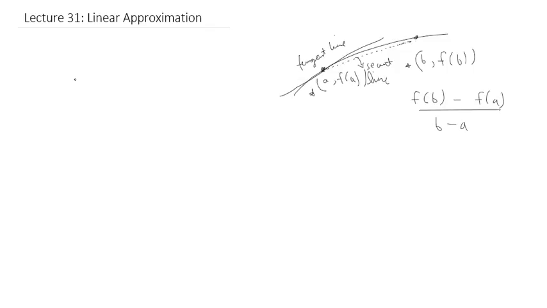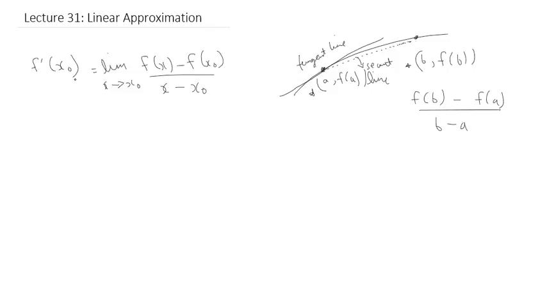So we know for a fact that f dash x naught, x naught could be any point, the differential at that point of the function has to be equal to the limit as x approaches x naught of f of x minus f of x naught, divided by x minus x naught, right?